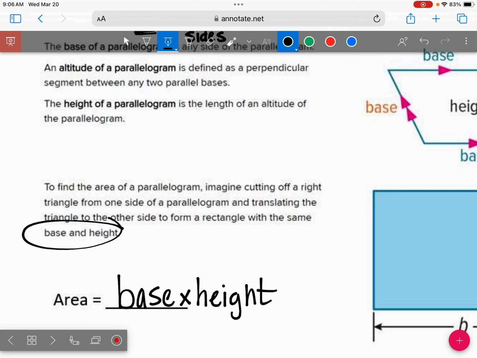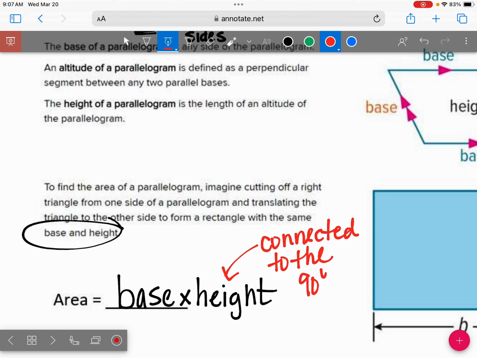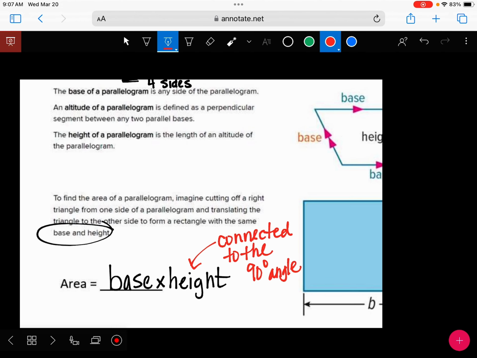But the height, you can always write that it is connected to the 90-degree angle. A parallelogram is like a rectangle except it has a slant to it.